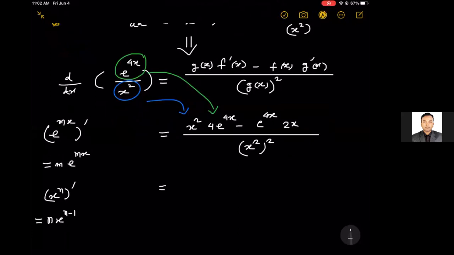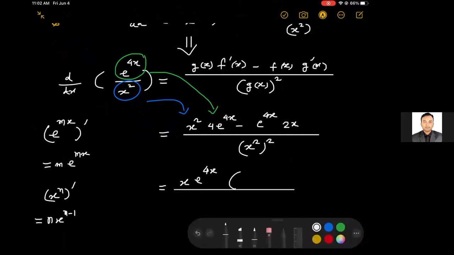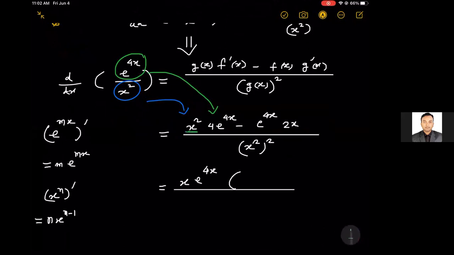If we simplify it, we can factor out x from each term and e to the 4x from each term, right? If we do that, we have factored out x from this term, so we still have one more x here because we had x squared. We have factored out e to the 4x, so we only have 4 here.